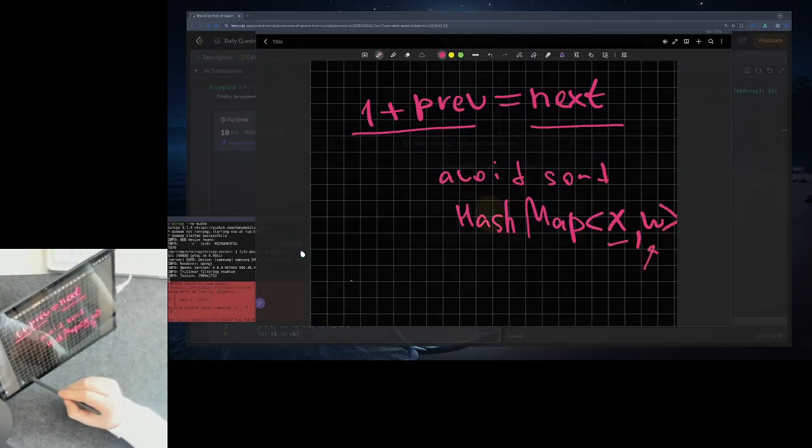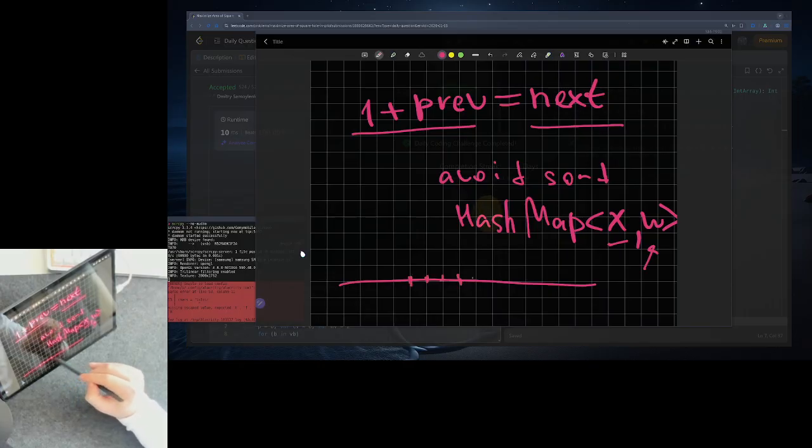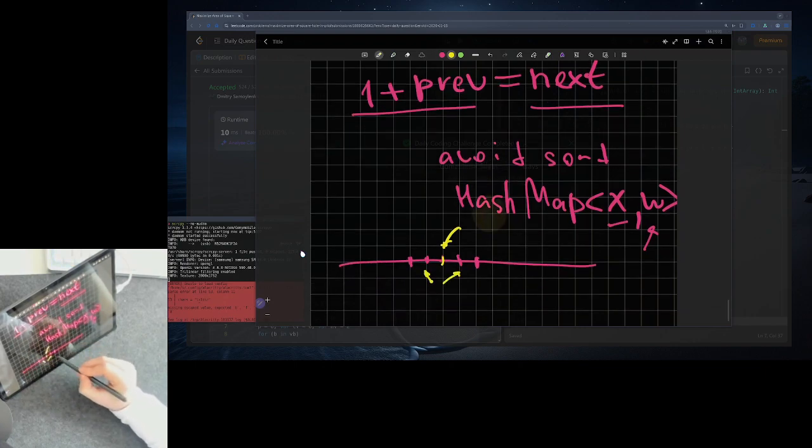So if we have some numbers, let's look at this number, we look at this position and at this position and ask whether there are visited known intervals, and if we have, we just merge them.